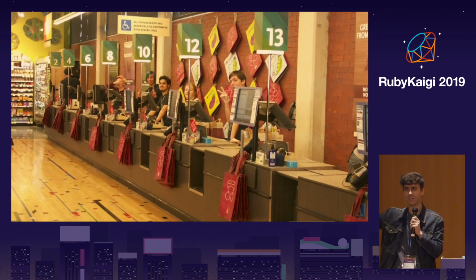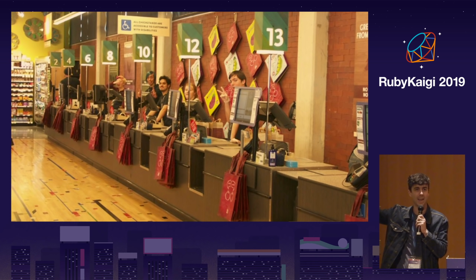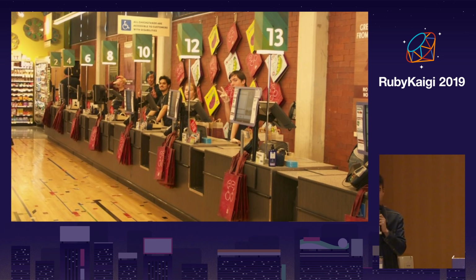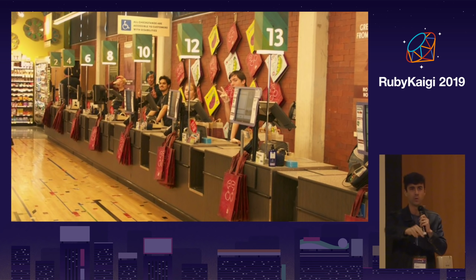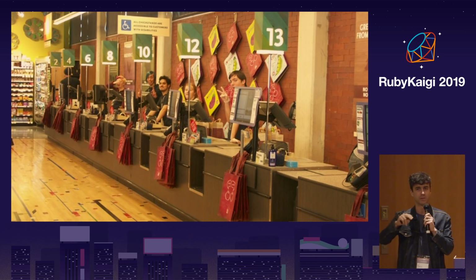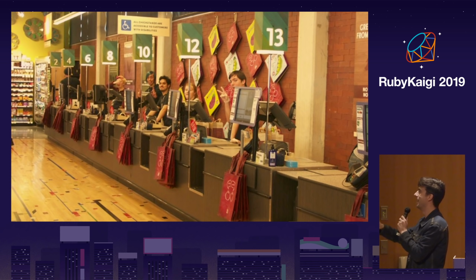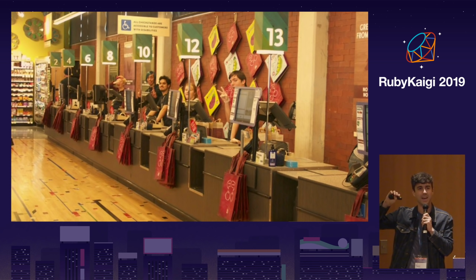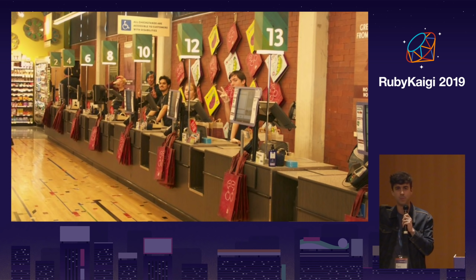In the US, I use this example of a checkout counter at a supermarket. But I realized that in Japan, a lot of supermarkets still have the old style checkout where each checkout counter has its own line. But in the US, we have some supermarkets now, I don't know if you have these in Japan, where there's multiple counters, but only one line.